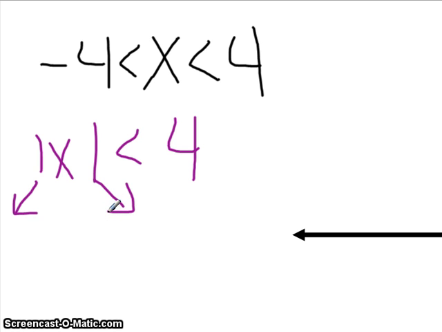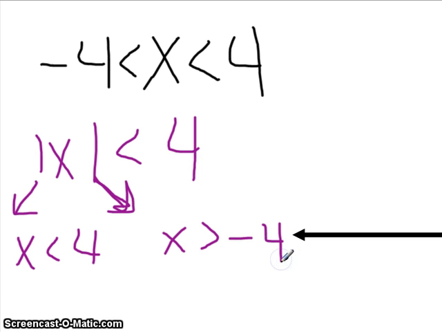So I know that this is going to give me two equations where x is less than 4. So I kept it exactly the same: x is less than 4. And my second equation over here is going to be x, flip the inequality, is greater than, and make the entire right-hand side of the equation negative. So in this case it's a +4, so -4. And now those are already simplified.